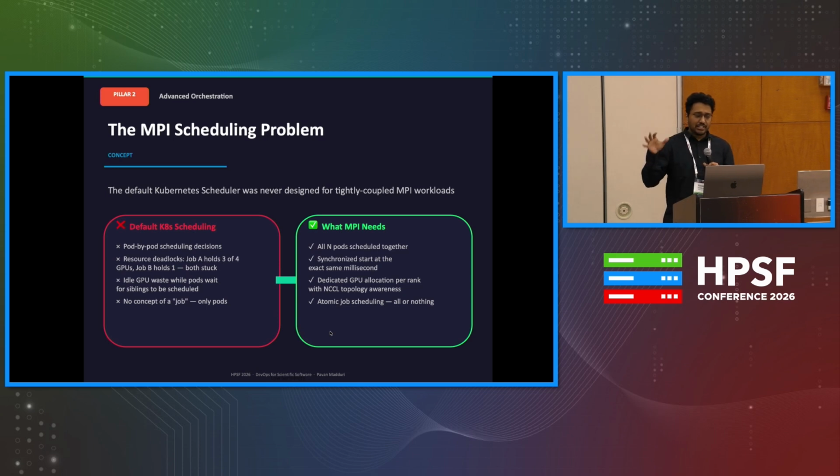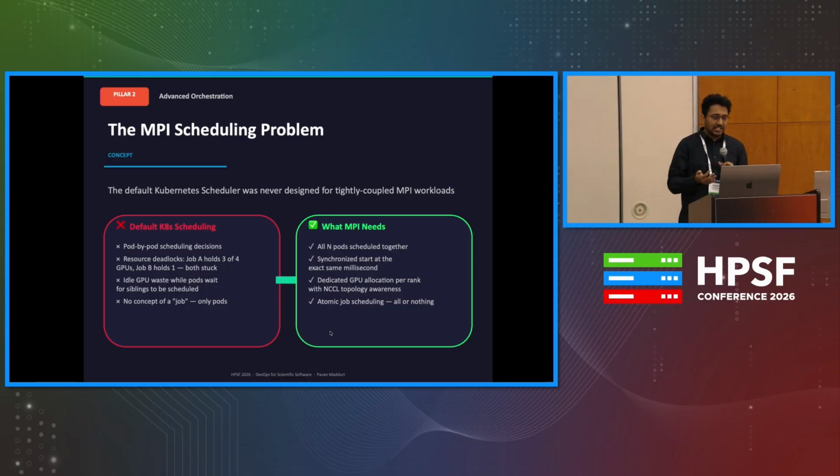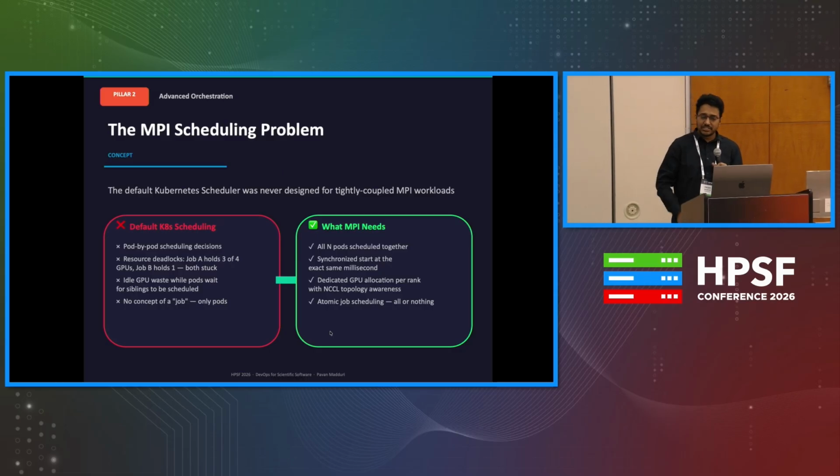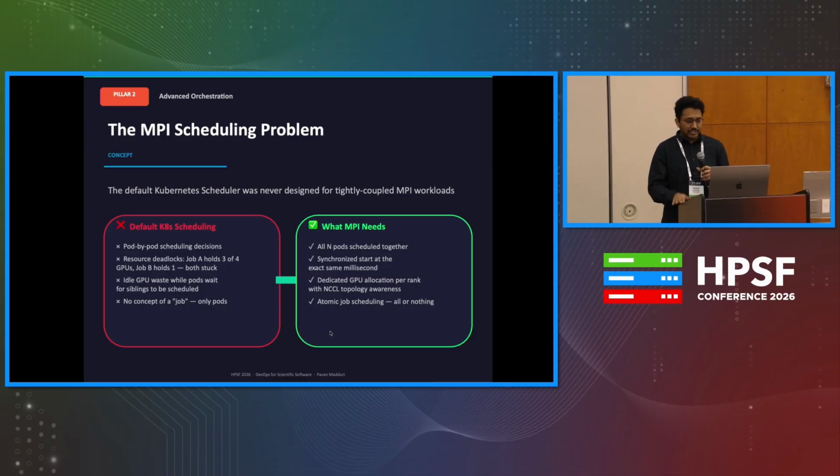Once we have the image perfectly fine, we need to deploy it onto the cluster. The Kubernetes scheduler is good for microservices, but it was never designed for tightly coupled MPI workloads. The default scheduler makes pod-by-pod decisions.